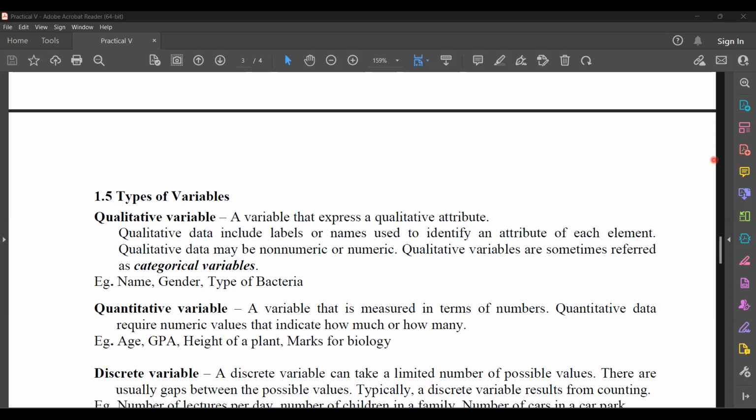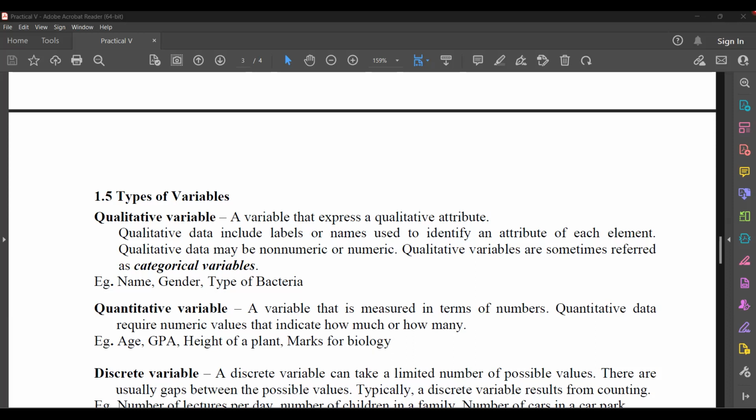In discrete variables, the main characteristic is that we can assume only a countable number of values, and there are gaps between any arbitrary values. So we will discuss that with an example.